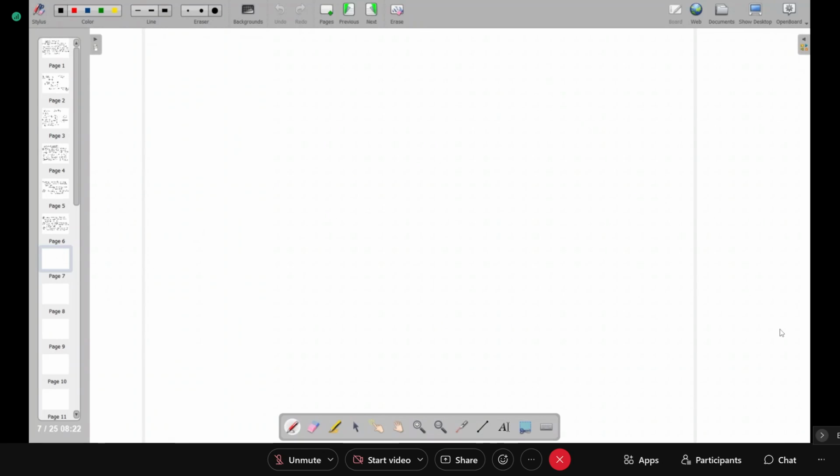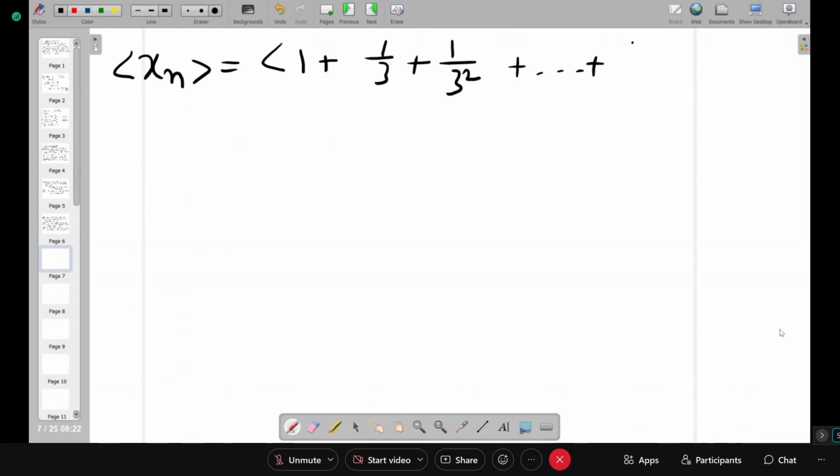So if the given sequence is given by 1 plus 1 by 3 plus 1 by 3 square, this is a sequence. Okay, so in this case, finding the limit of the sequence is not an easy task.